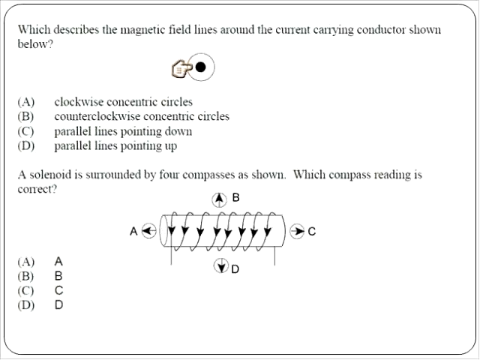So you hold your left hand up with your thumb pointing towards you, and your fingers point in a circle like this. The direction that your fingers would be pointing would be clockwise.